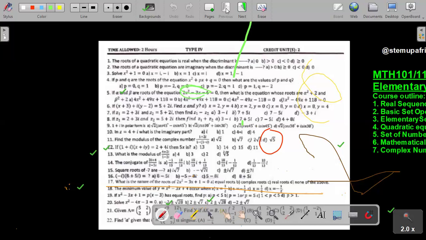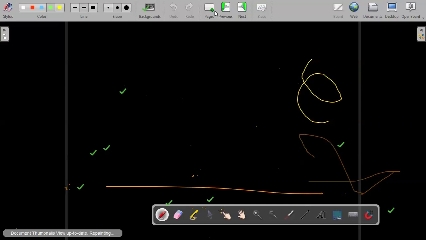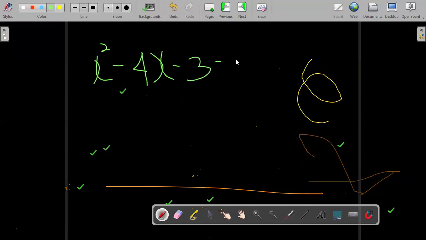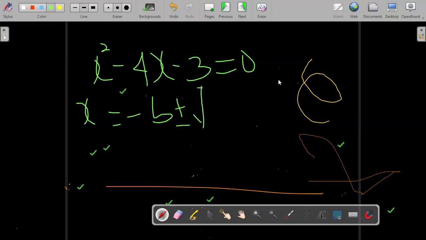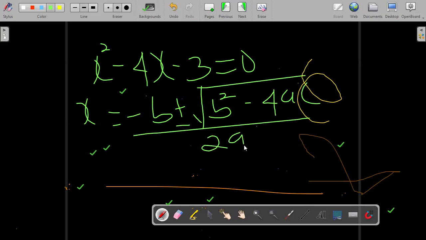It says solve the equation x squared minus 4x minus 3 equals 0. I cannot factorize this. What I will do is to impute the formula method that says x equals minus b plus or minus the square root of b squared minus 4ac, over 2a.